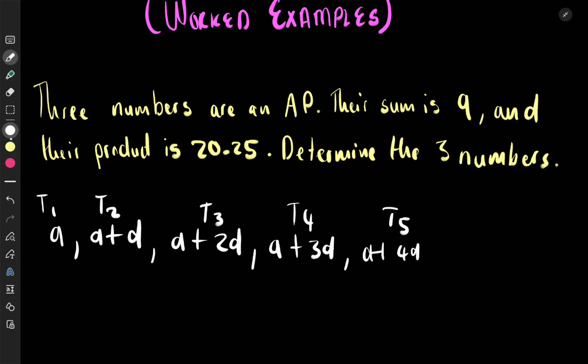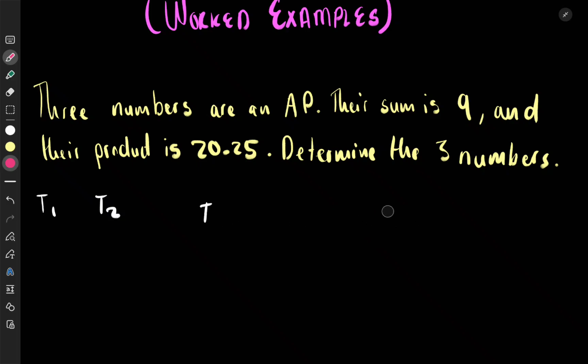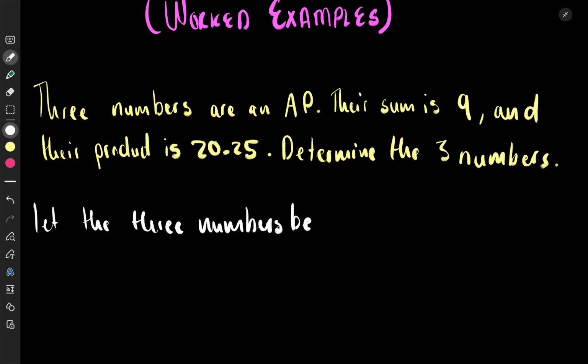Now, what we're going to do is not have our series start at A for this 3 value one. We start one term earlier so that everything becomes so simple, because it's going to be very simple when we do the sum. Let the 3 numbers be: we start with A minus D as our first term.